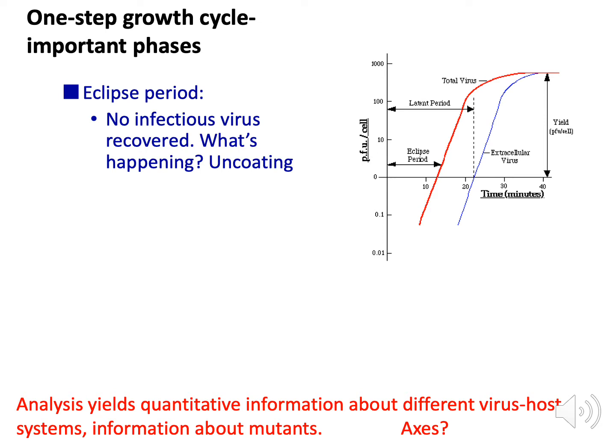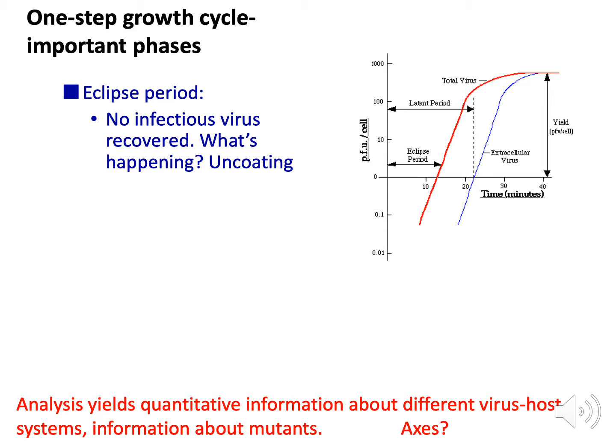So what is happening in this eclipse phase, in the early part of infection? If you look here, you're looking at intracellular virus in red and extracellular virus in the blue curve. During the eclipse phase, no infectious virus is recovered.